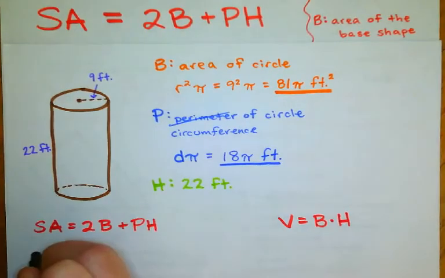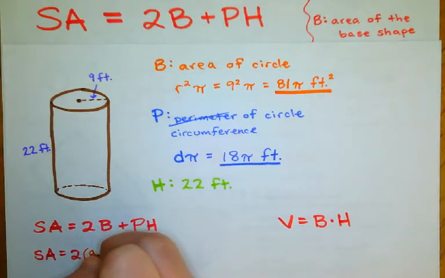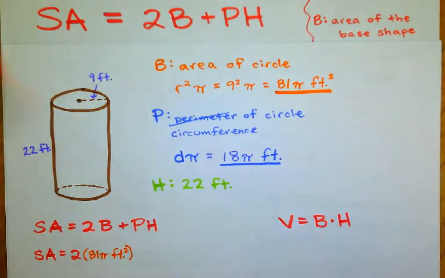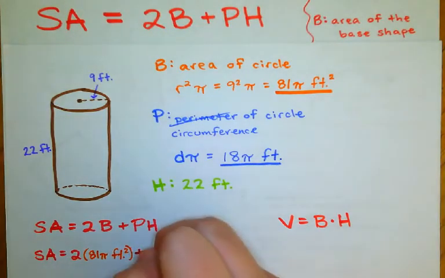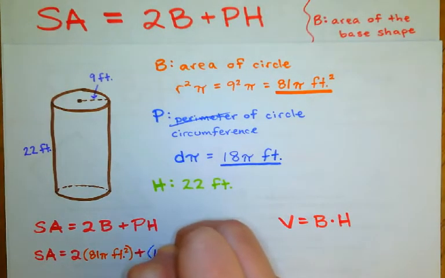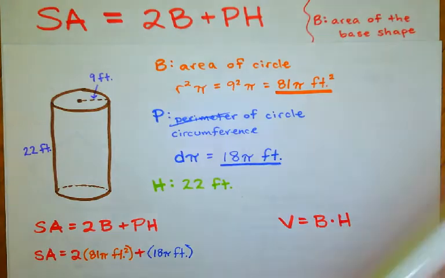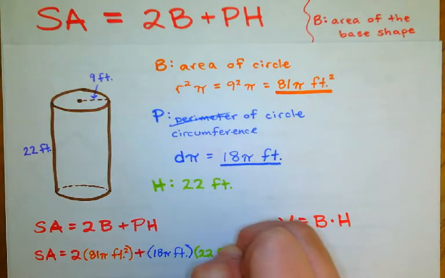Okay, so plugging in our numbers, we get 2 times our base of 81 pi feet squared. And we're going to add our perimeter, or circumference, 18 pi times 22 feet.